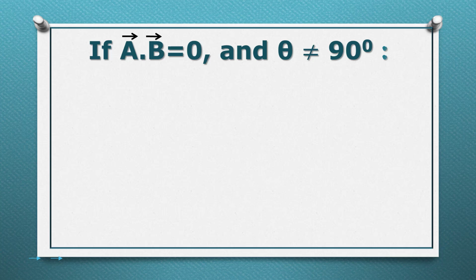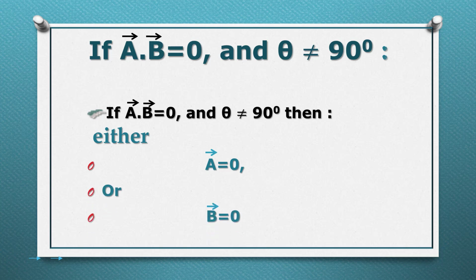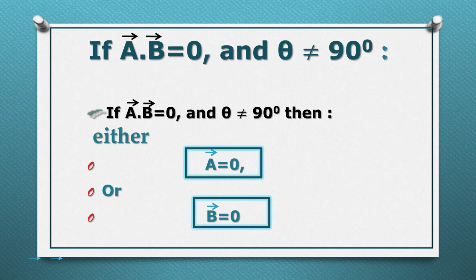It means that if the dot product between two vectors is 0 and theta is not equal to 90 degrees, then either vector A is 0 or vector B is 0. One of the two vectors must be a null vector. If the dot product is 0 and these two are not orthogonal, not perpendicular to each other, then either vector A is 0 or vector B is 0.